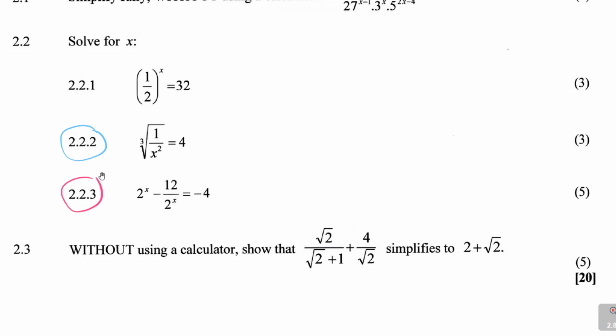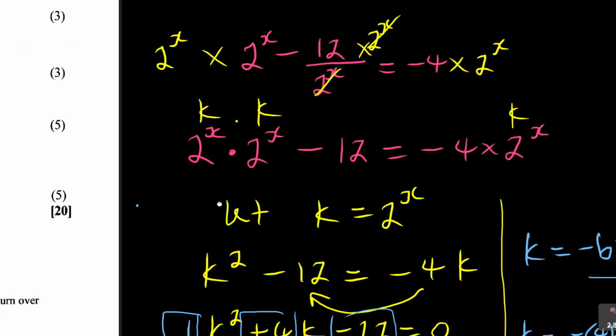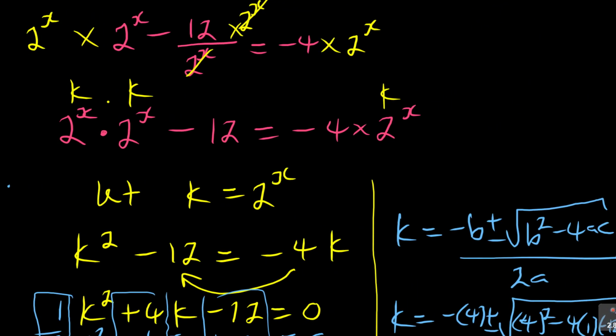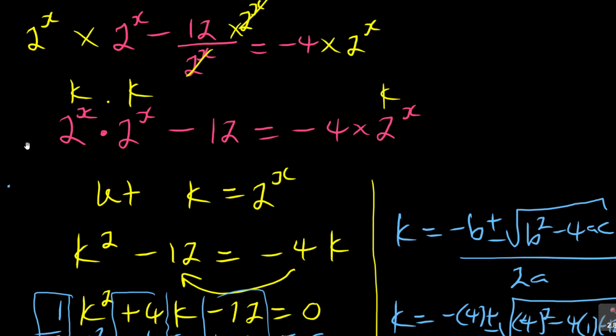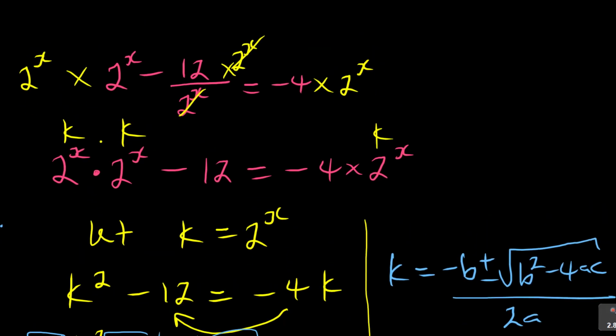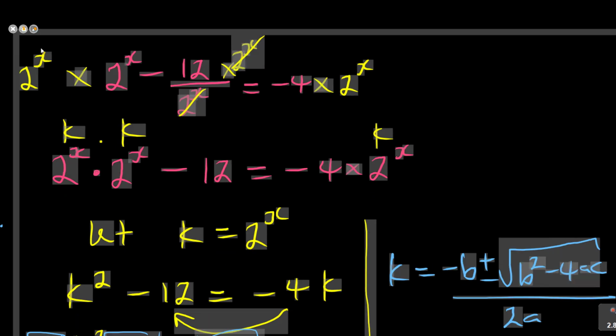Alright, done. 5 marks. I don't know why they made it 5 marks, but I hope you can feel the worthiness of it. Okay, let's look now at the next one.